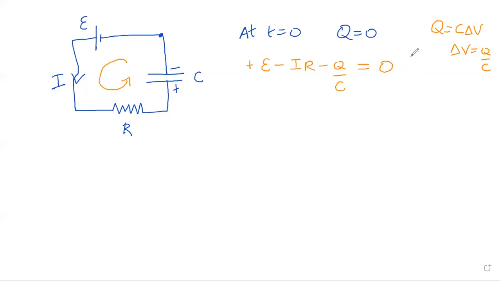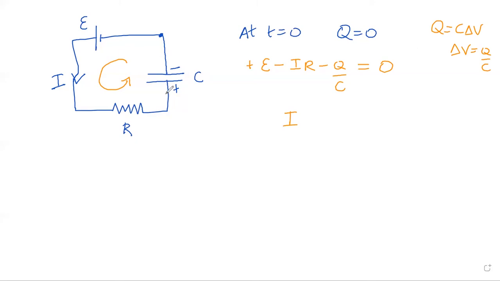There are two time-dependent quantities in this equation, the current I and the charge Q, but they are actually related. The charge Q on the capacitor is only there because the current brought it in. So in other words, the current is related to the rate of change of the charge.